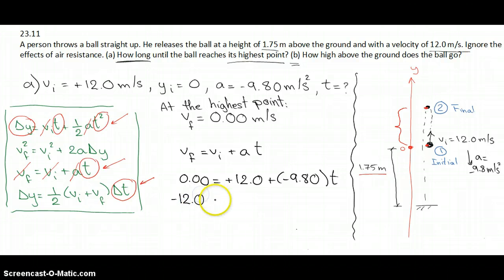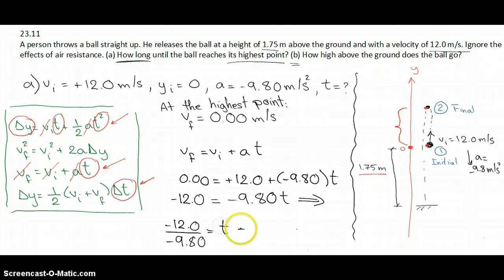So my negative 12 equals to negative 9.8 t. Now I divide both sides by the 9.8. So negative 12 is now divided by the 9.8 equals to t.